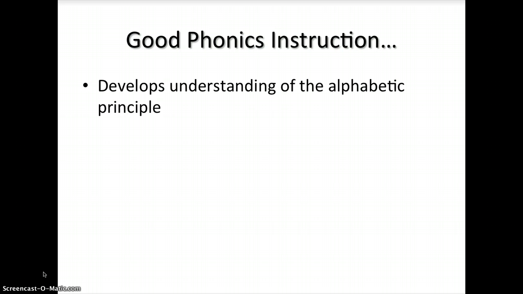You have alphabetic understanding, which is this idea that letters represent sounds, and then what we call phonological recoding. And this is using these relationships that we know between letters and sounds to retrieve the pronunciation of an unknown word or to be able to spell unknown words.